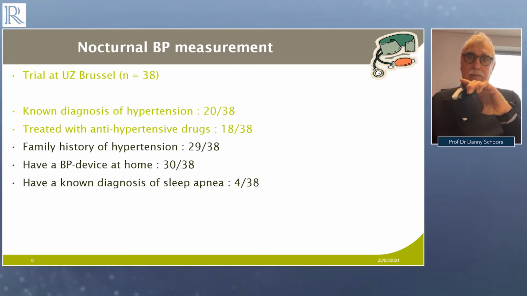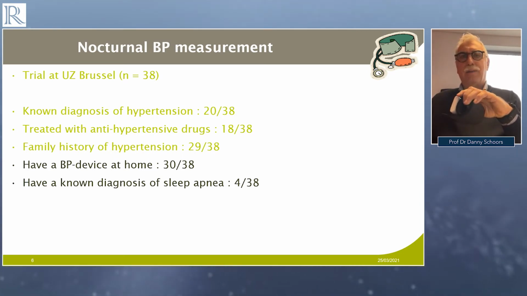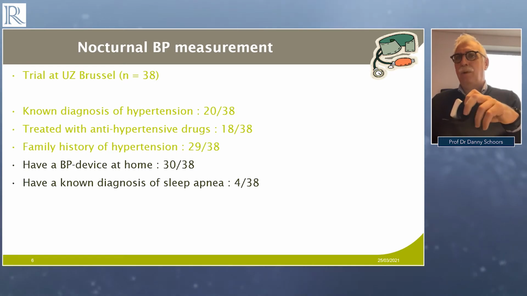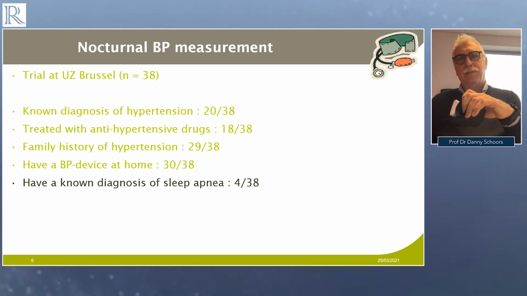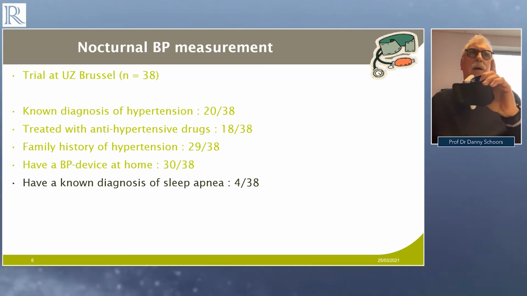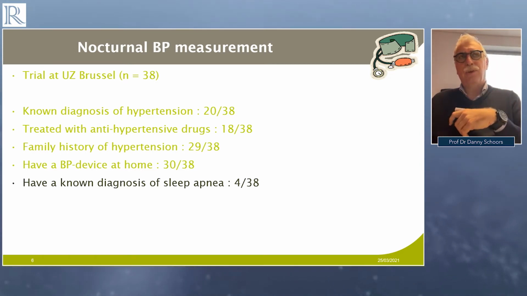29 of them had a family history of hypertension. And a lot of these patients already had a blood pressure device at home to do home blood pressure registration, about 30 of these 38 patients. Now, in the previous talk, you heard that there is a relationship between nocturnal hypertension and sleep apnea.